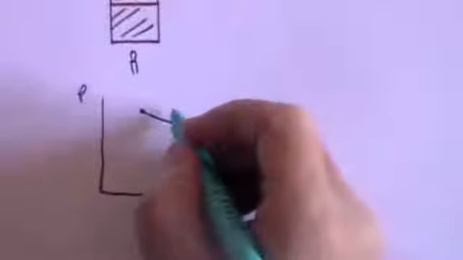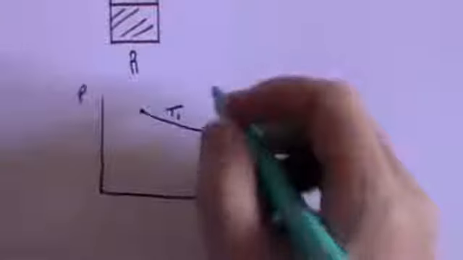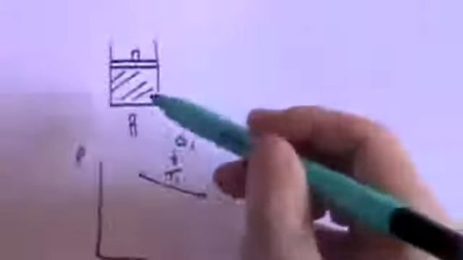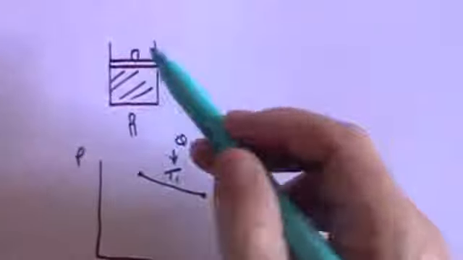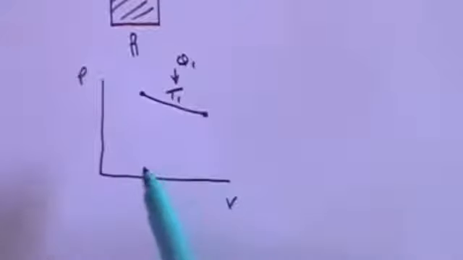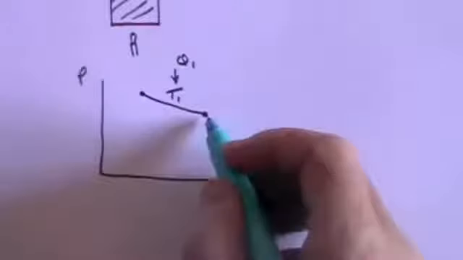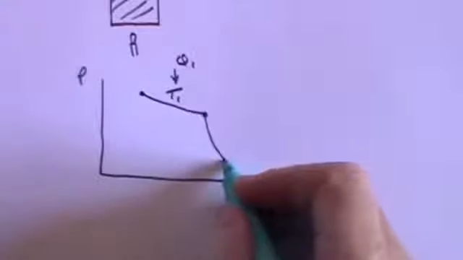And because it's isothermal, of course, it must stay at a constant temperature. And the way you do that is you put a certain amount of heat in order to expand the gas. Remember, the gas volume is going to expand if you put heat in. And that's exactly what happens. The volume expands from here to here. The next stage of this cycle is to change the volume again.